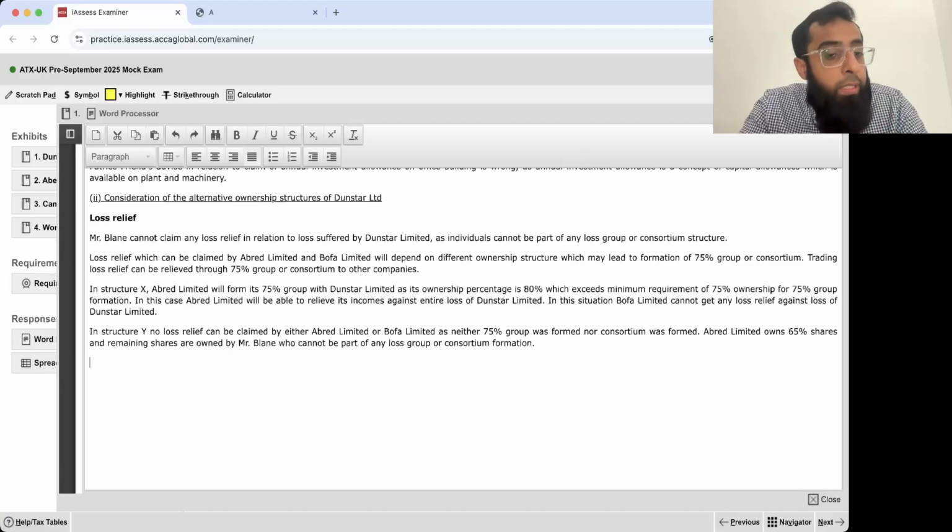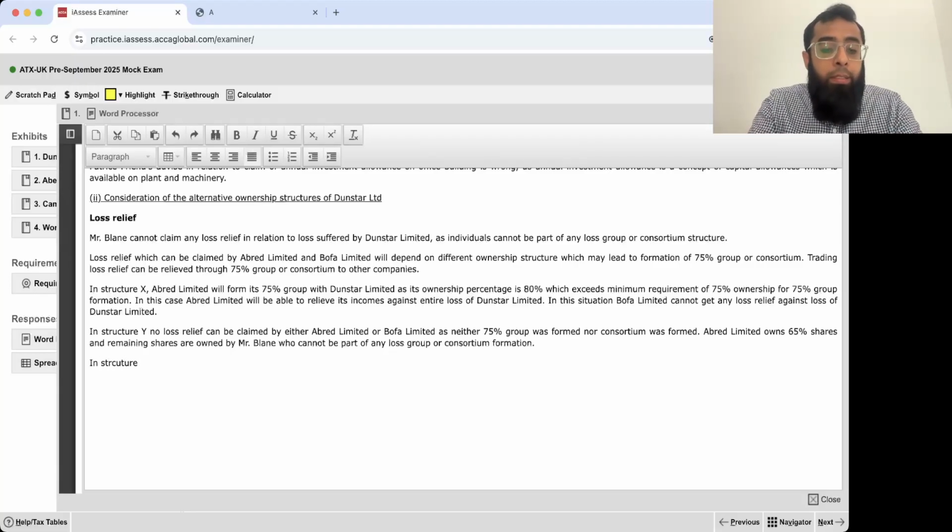You cannot consider individuals from this perspective. And at 65%, you cannot form any group structure: loss groups, 75% group, capital gains group. For a consortium also, collective ownership of 75% is required.